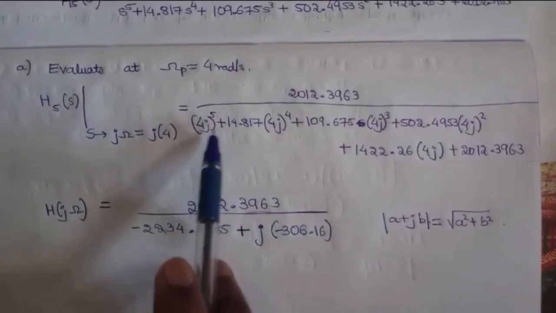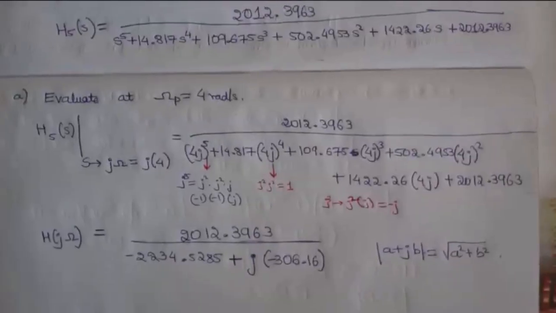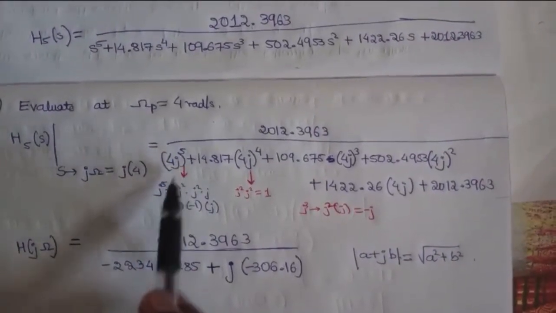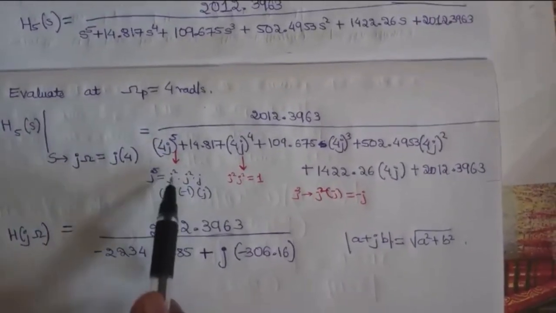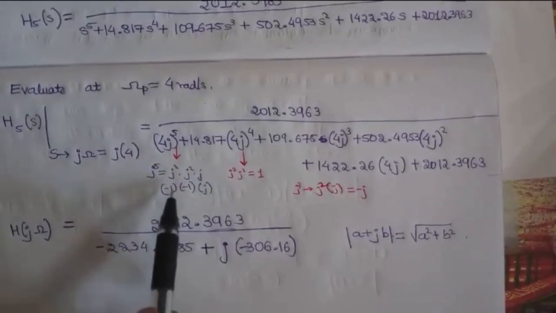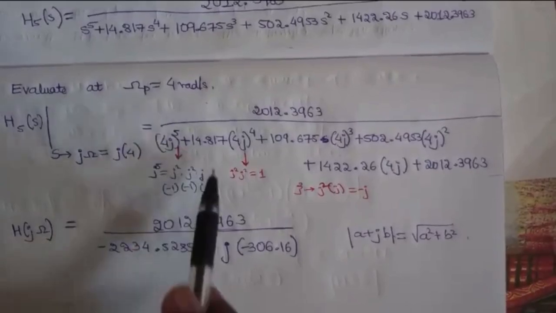When we substitute 4j, this becomes 4 power 5 and j power 5. J power 5 can be written as j square into j square into j. J square is -1 into -1 and this j remains as it is. Minus into minus is plus, therefore this becomes 4 power 5 into j.